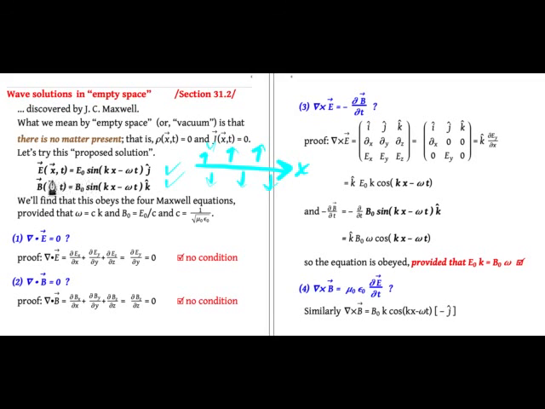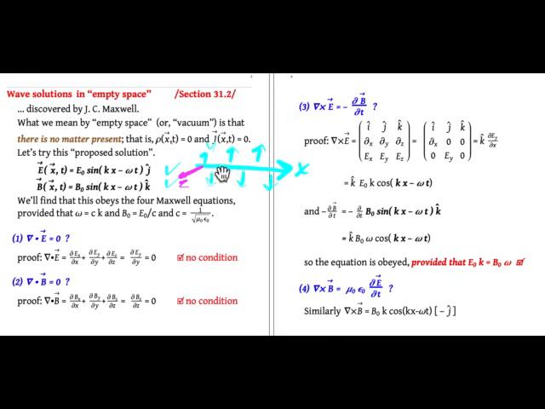And the magnetic field at the same point points in the z direction. The z direction is out this way. So there's the magnetic field at that point. At that point where the electric field points in the y direction, the magnetic field points in the z direction.